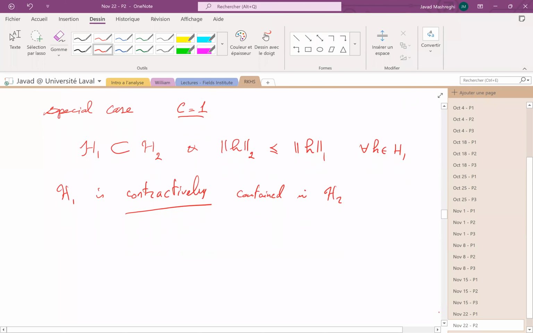And the previous theorem gives a complete characterization of this.